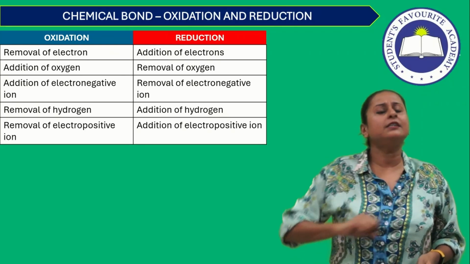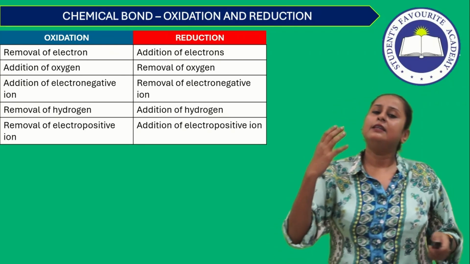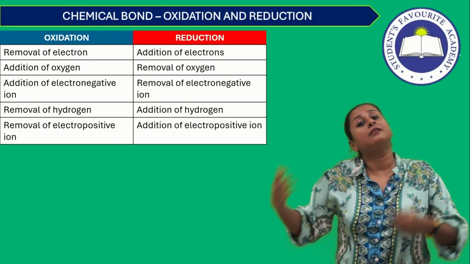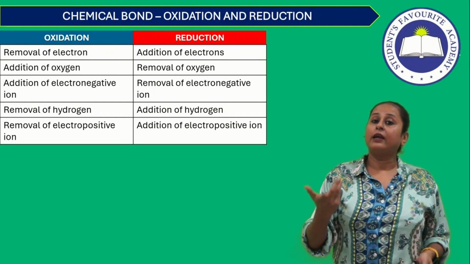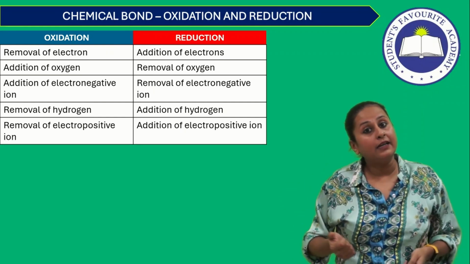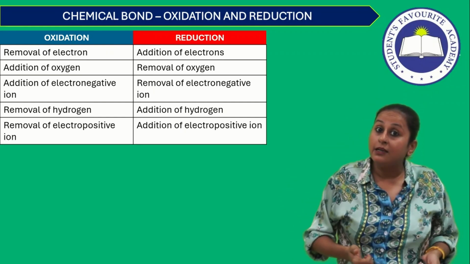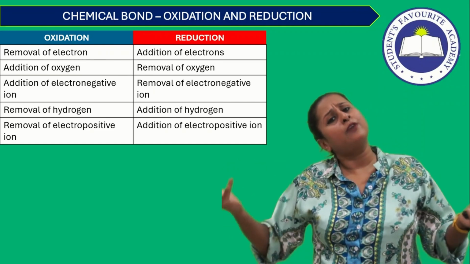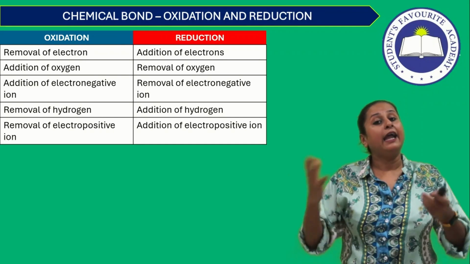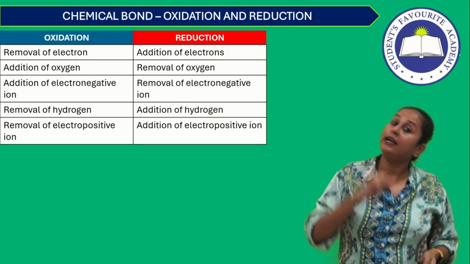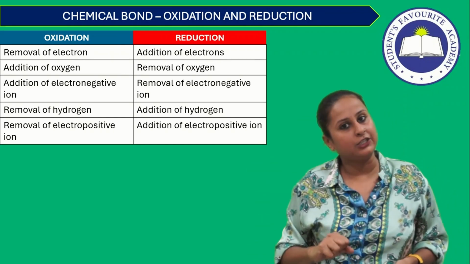Similarly, if oxygen is not present, and instead of oxygen you have any other electronegative ion like Cl minus, S2 minus, Br minus, you can have many negative or electronegative ions, then in the absence of oxygen, addition of any other electronegative ion is also called oxidation.